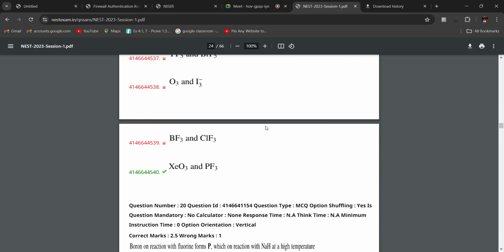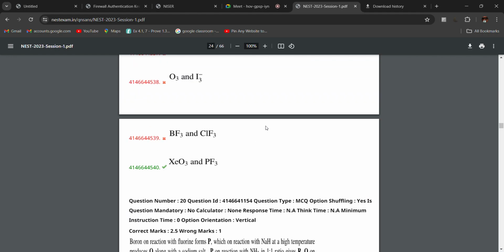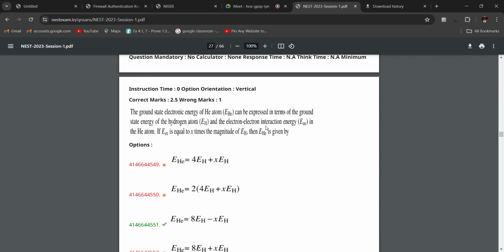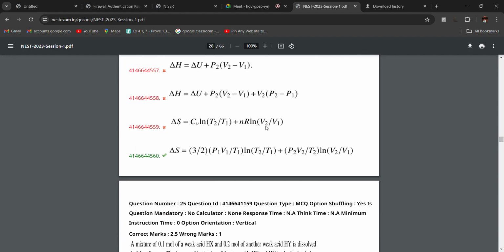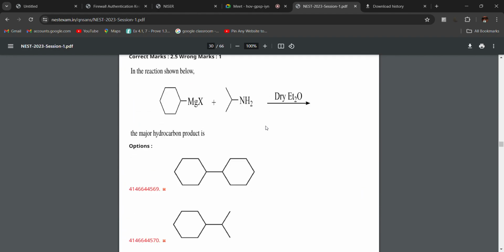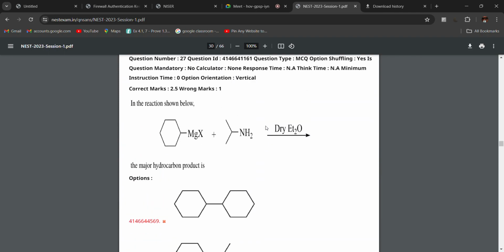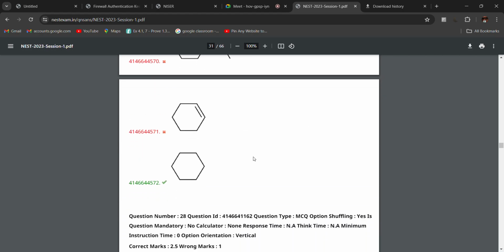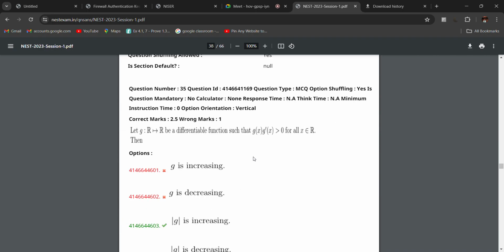So chemistry is easier. If your bio is not too good, you can score marks in chemistry. According to my experience in the 2021 examination, you can also see the reaction is given, and you have to just think what will be the product. It's a very straightforward question.